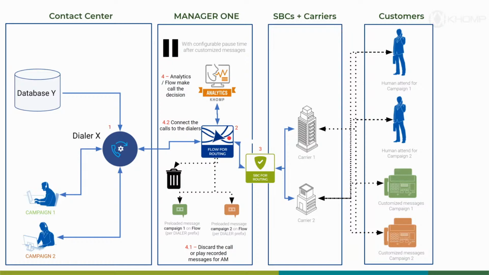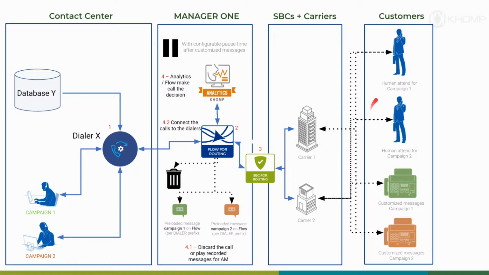The flow will route the calls towards the SBC solution, Khomp SBC, or even third-party SBC solutions. We are agnostic, so it can interact with any kind of SBC, and the SBCs or gateways will forward to the carriers, and the carriers will reach the customers.